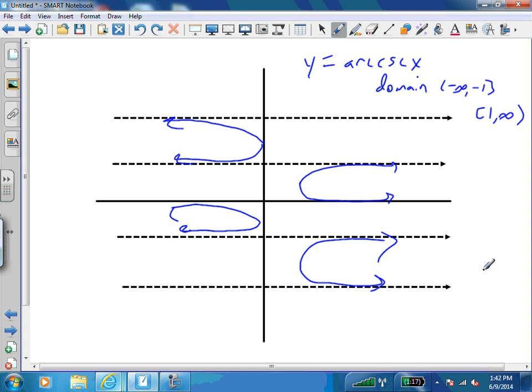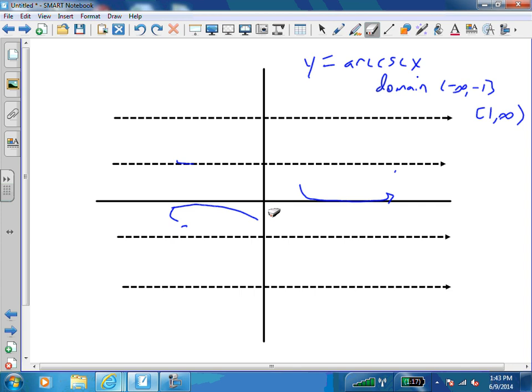Well, to restrict that so that we get a function, then we're going to have to get rid of a lot of this. So it's basically going to be from negative pi halves to pi halves. Maybe I'm saying that wrong, and I may have had this shifted over actually.